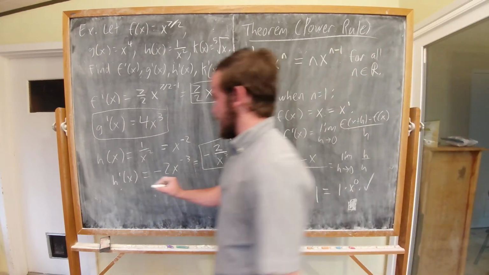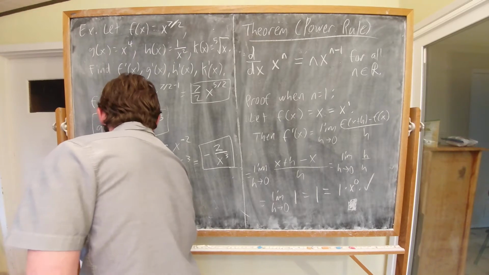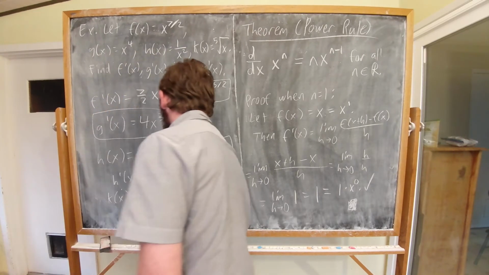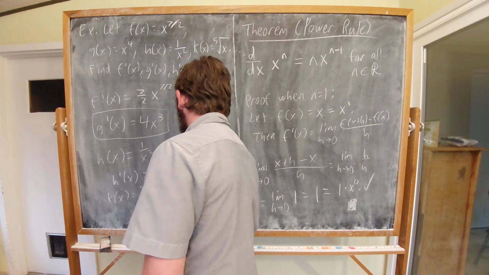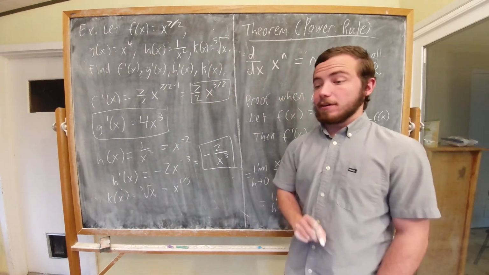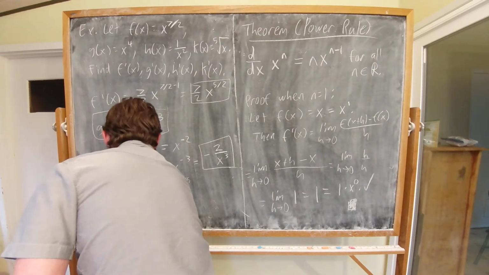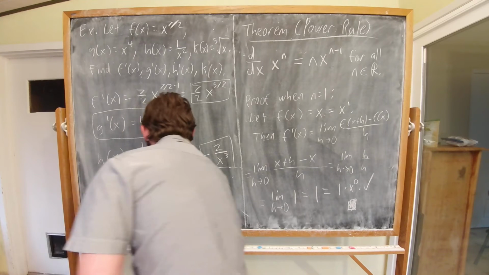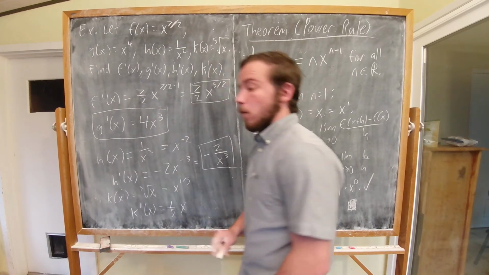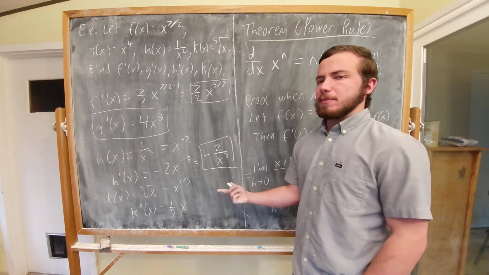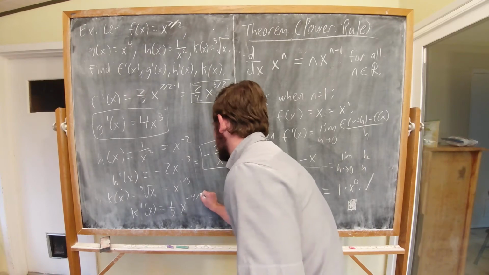K of x is kind of the same idea. If k of x is equal to the 5th root of x, using our rules of radicals, this is x to the 1/5 power. So, k prime of x will be 1/5 times x to the 1/5 minus 1. 1/5 minus 1 is negative 4/5.